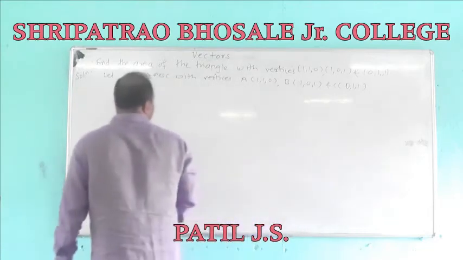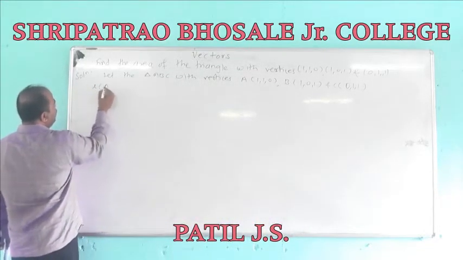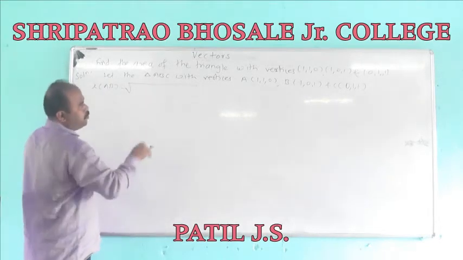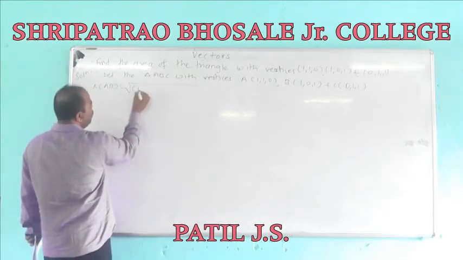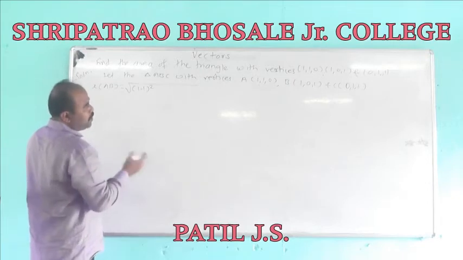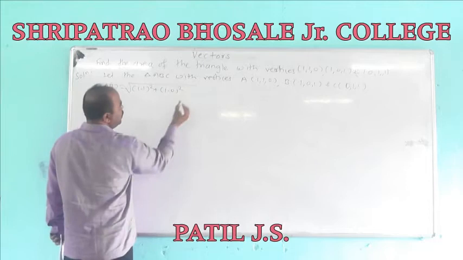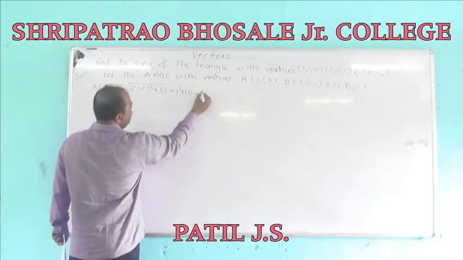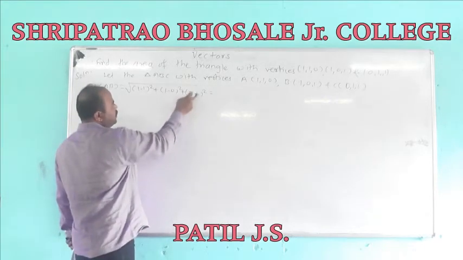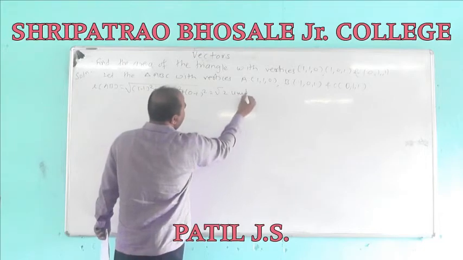These are the three vertices. Then AB is equal to the square root of, using the distance formula, (1 minus 1) square plus (1 minus 0) square plus (0 minus 1) square. This gets cancelled, 1 square is 1 plus 1 square is 1, that means this is equal to root 2 units.